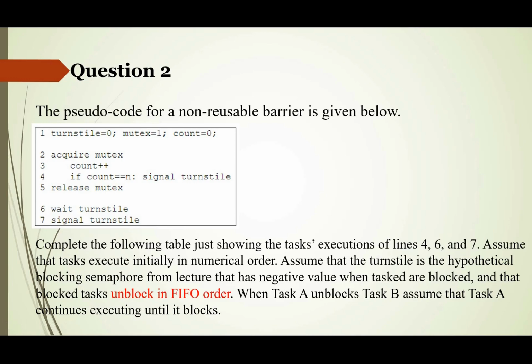Assume that tasks execute initially in numerical order. Assume that the turnstile is a hypothetical blocking semaphore from lecture that has a negative value when tasks are blocked, and that blocked tasks unblock in first-in-first-out order. When task A unblocks task B, assume that task A continues executing until it blocks.